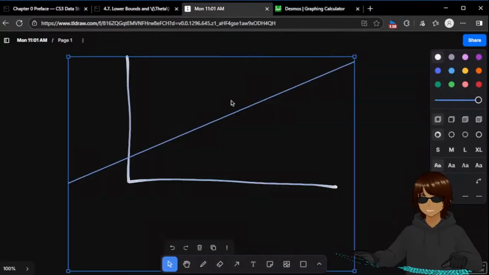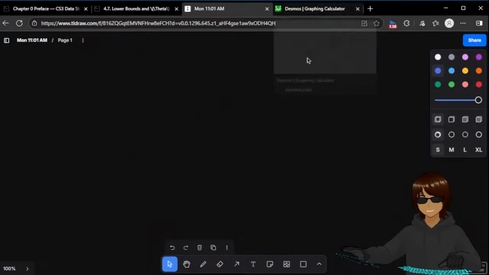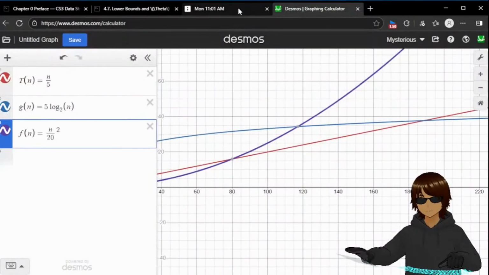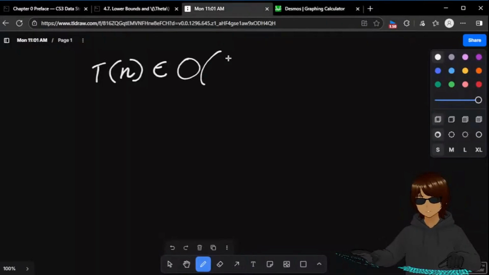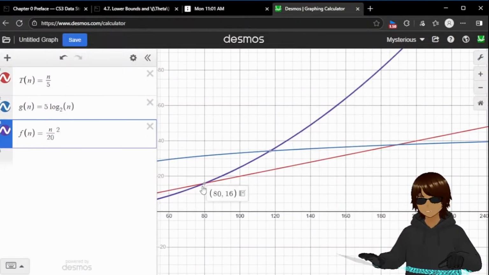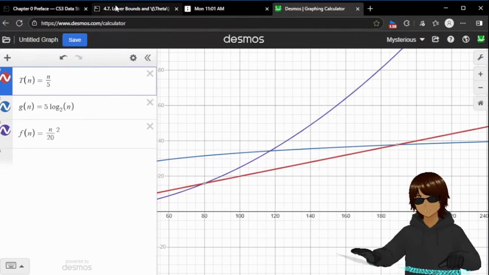So we say T(n) is in the set O(f(n)). Big O is for the upper bound. This over here is the upper bound, because at some point this will always surpass T(n).